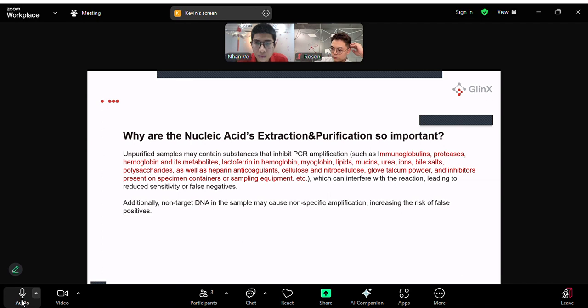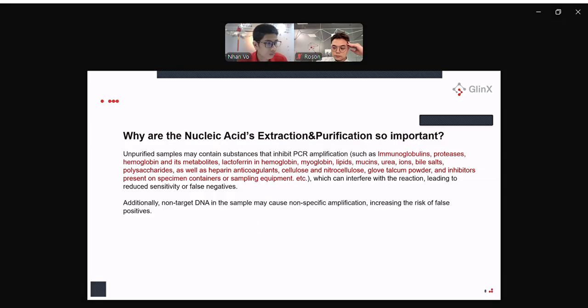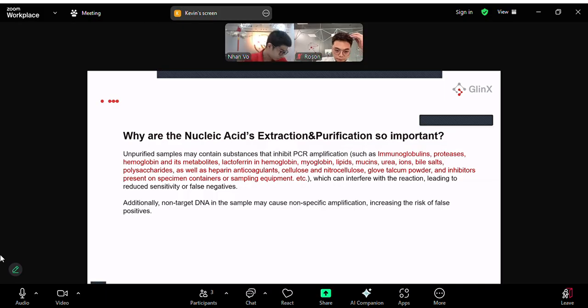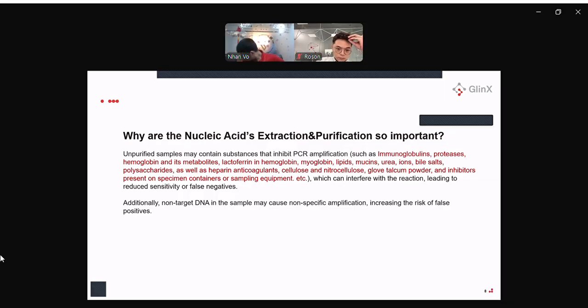Just like when you're testing CDV or CPV, the target gene is the CDV or CPV. But before you conduct the test, maybe the machine has been polluted. The machine might already be contaminated by other pathogens, like mycoplasma or something like that.